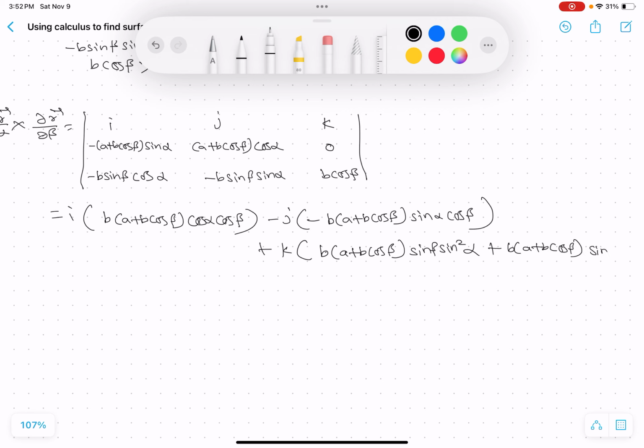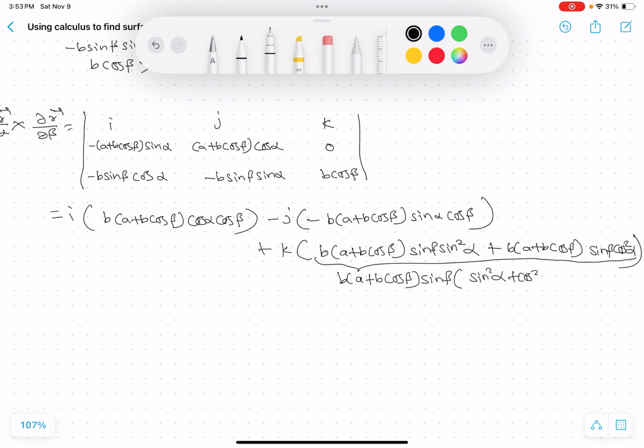Notice that over here, if we take b times a plus b cos beta common, and then sine beta also common, we'll just have sine square alpha plus cos square alpha, which evaluates to 1, right?